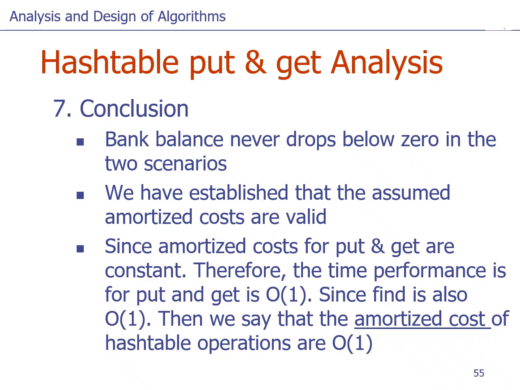Because if you look at the formulas for the cost, they are all involving constants. We are talking about 2N or big N, which is not the small n, it's not O of n. Because I'm assuming that I'm going to do that for I operations, the cost for one operation is going to be a constant.